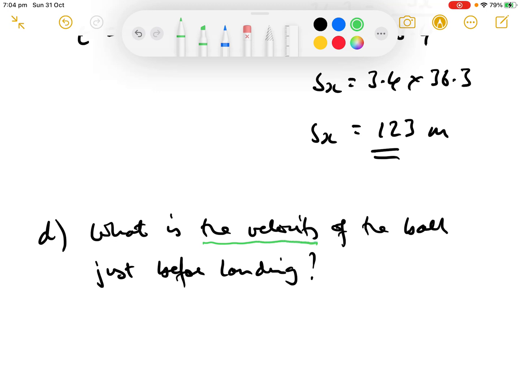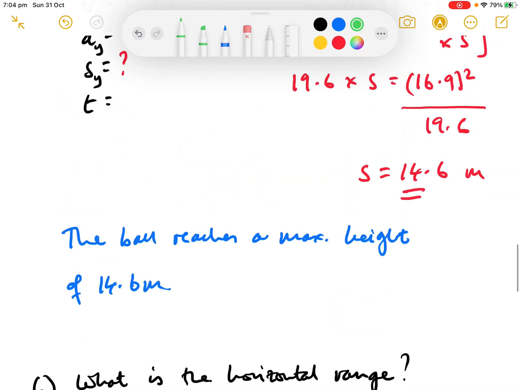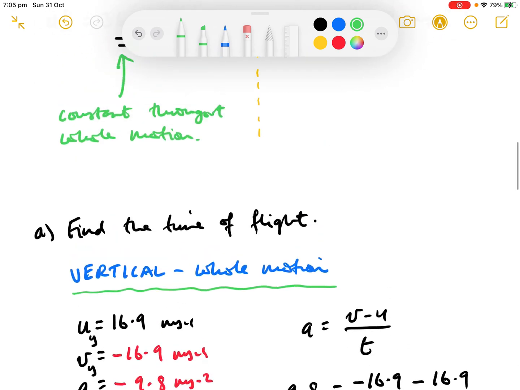Well, notice when we say the velocity, what that means is resultant velocity. In other words, the horizontal and the vertical combined.